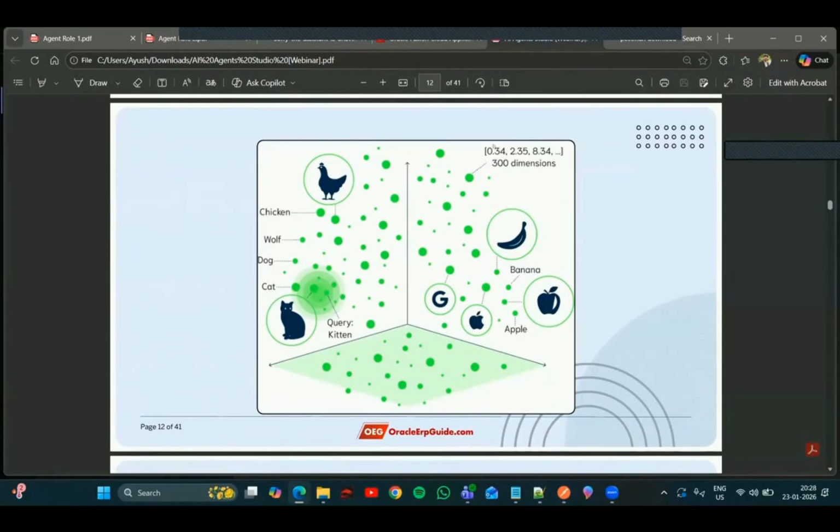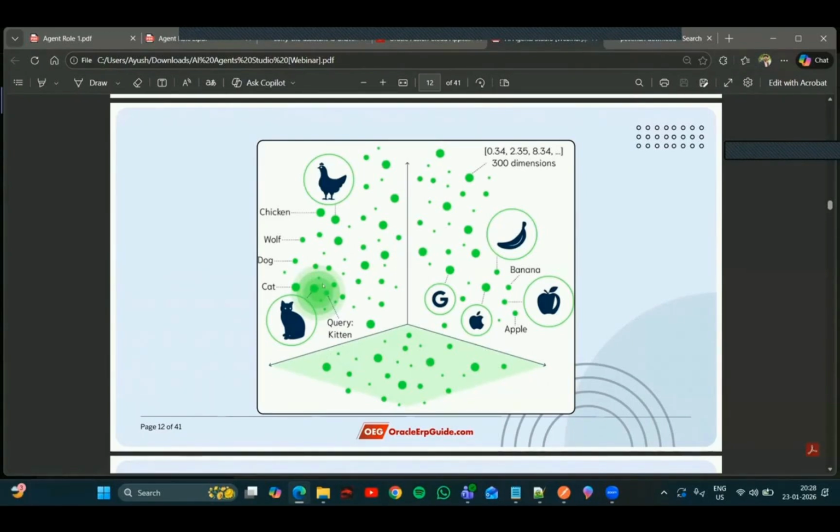In a real life scenario, it has many more dimensions. In the example here, it's shown as 300 dimensions. A human brain cannot process how 300 dimensions looks. So for understanding here, we have taken this.